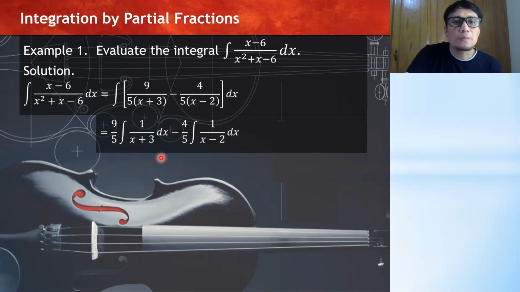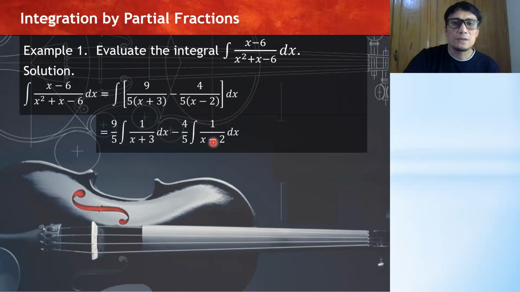We're now going to use here the formula for the integral of 1 over u du. I think I've shown you a while ago the formula that will be ln of the absolute value of u. So your u here is x plus 3. The derivative of that, your du, is of course dx.